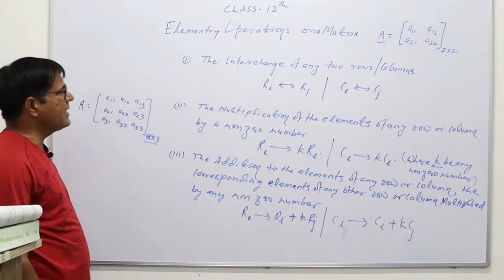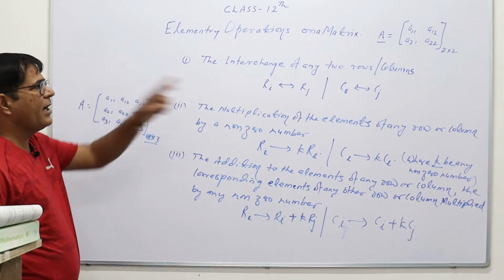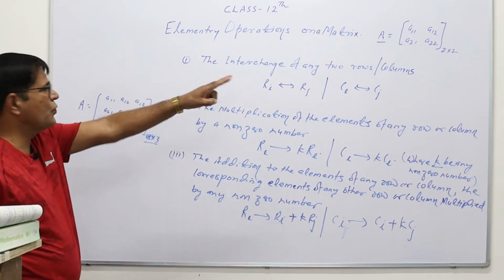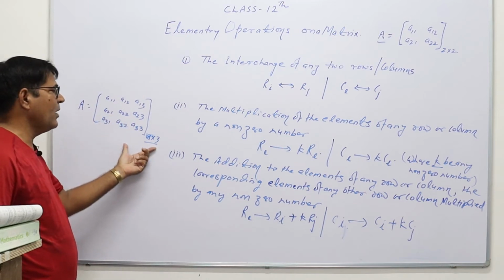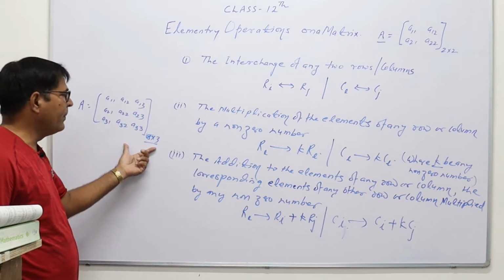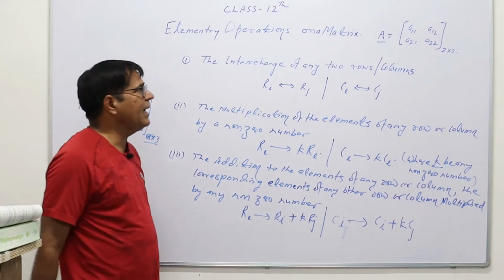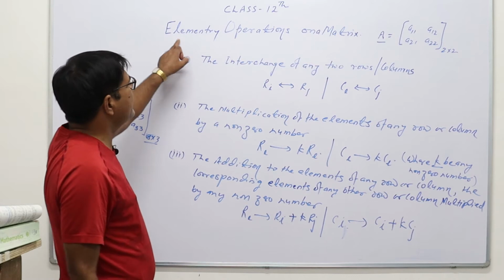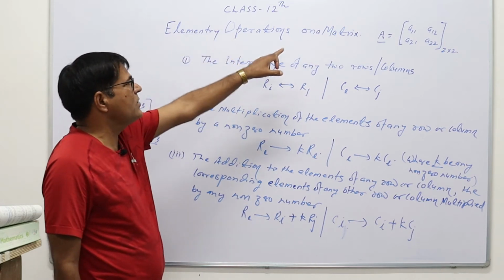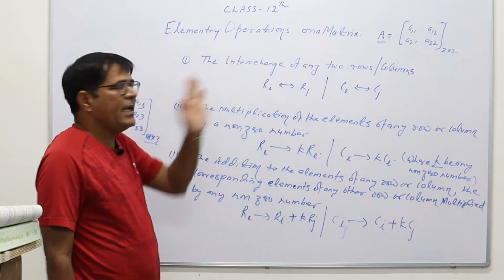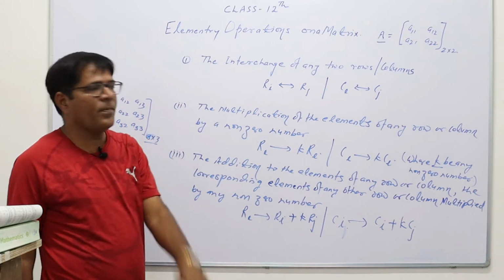In our syllabus, the given matrix may be of order 2 cross 2 or 3 cross 3. Any one matrix will be given, and using elementary operations on the matrix, we have to find the inverse of the given matrix.